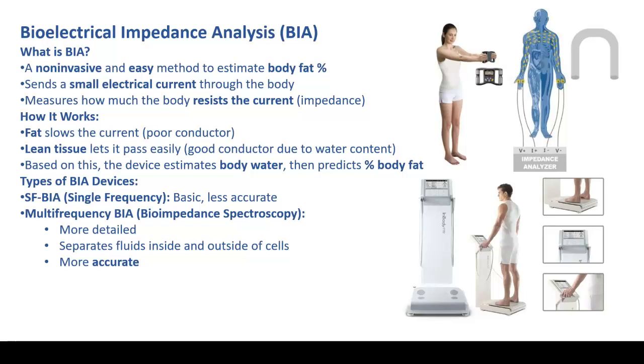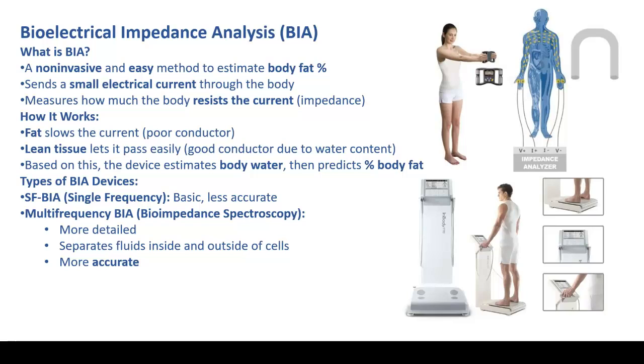One important fact in here is fat slows down the current because it doesn't have much water, but muscle lets the current move faster because it has a lot of water. That's the key point in here.